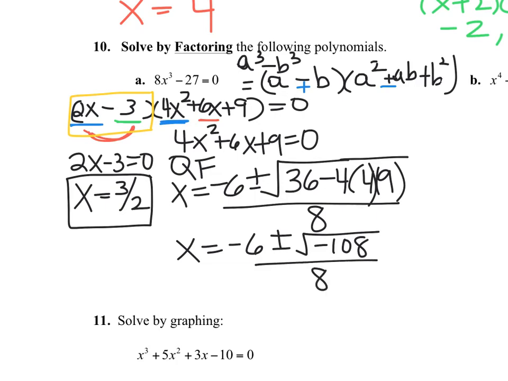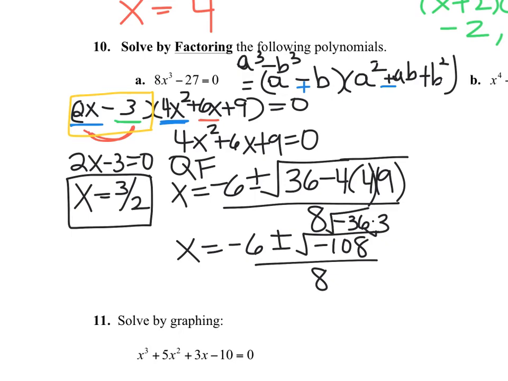And you can do that on your calculator. You just go 36 minus 4 times 9, negative 108. And then negative 108 is divisible by negative 36, because we're looking for perfect squares here. It's negative 36 times 3.